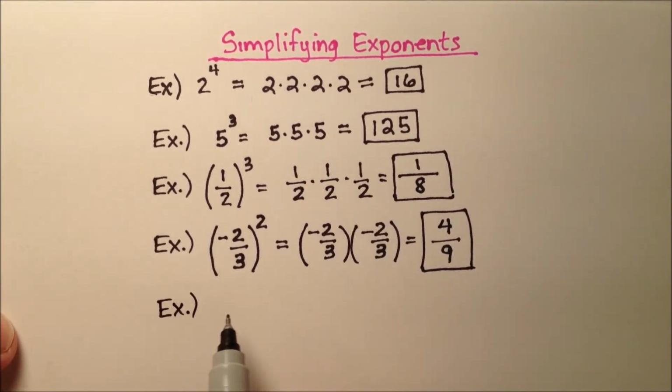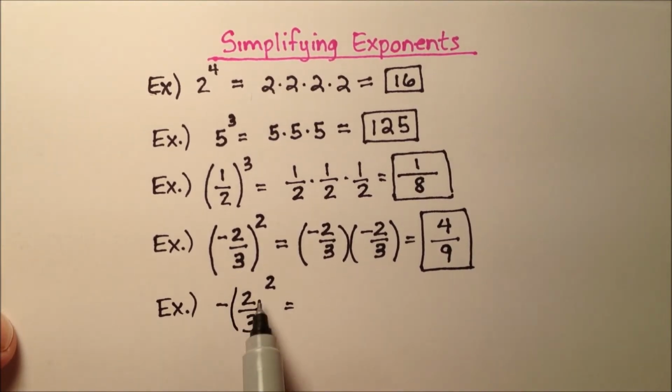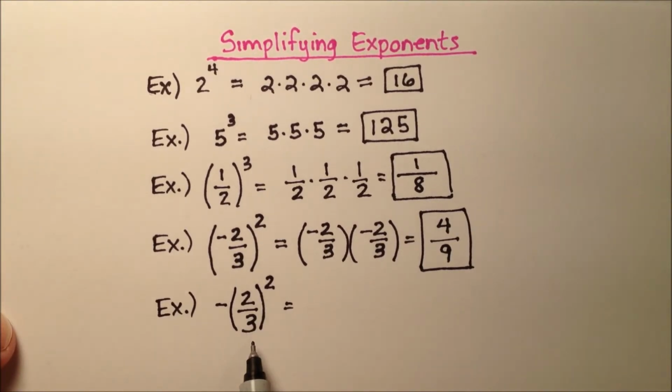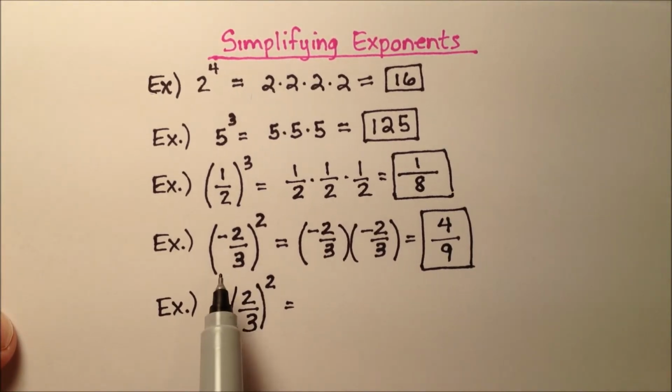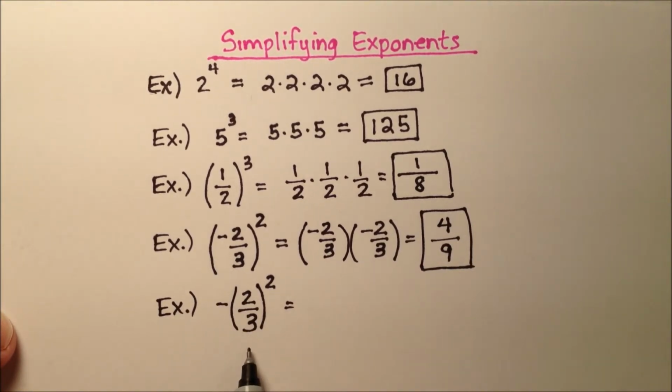Well, how does that differ from this? Well, in this case, I have a negative, and let's even put parentheses right there just to help us out so we know this 2 goes to the whole fraction. Well, how does this differ from the previous example? Well, the previous example included the negative when you were multiplying everything by itself. This example does not. So you could read this example as the opposite of 2/3 squared.